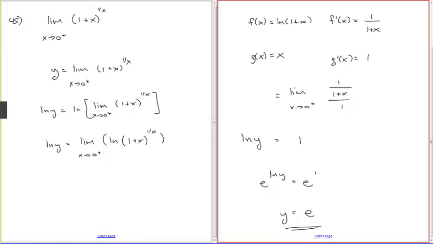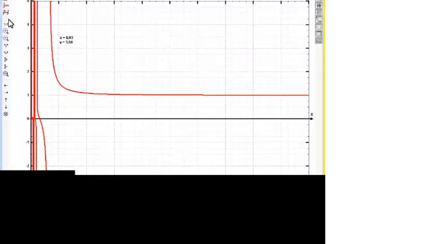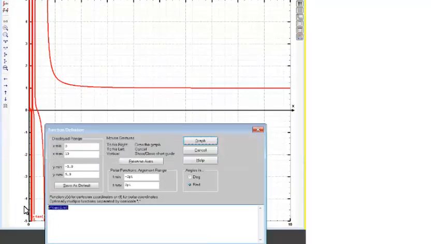So we're going to look at the graph of this function. So let's put that up. This is problem 45, so we graph 1 plus x to the 1 over x power.